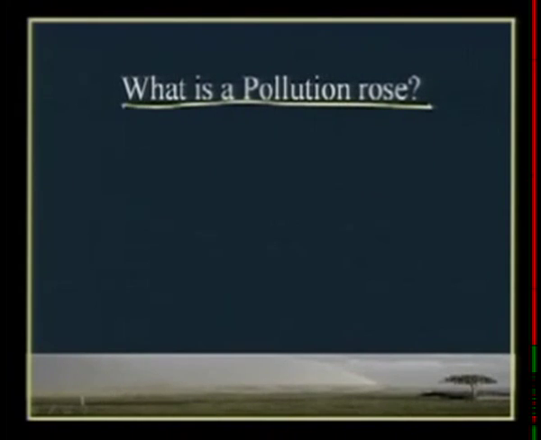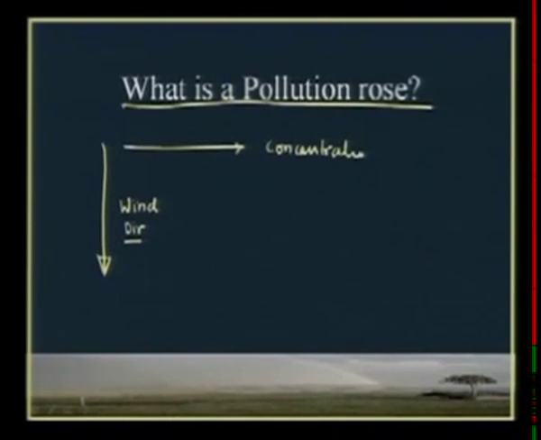Okay, the idea is simple. Similarly as we did for the windrows, we take this side as the wind direction, as we had done for the windrows, and this side we take the concentration ranges of any pollutant.